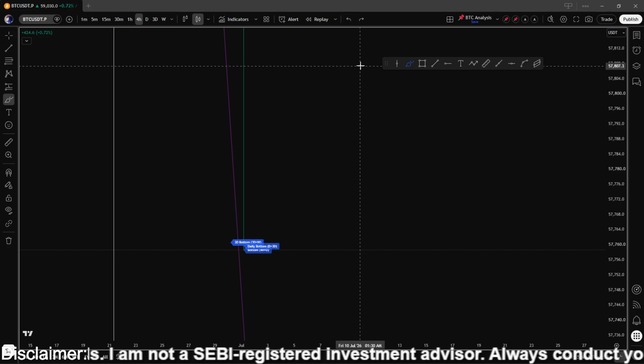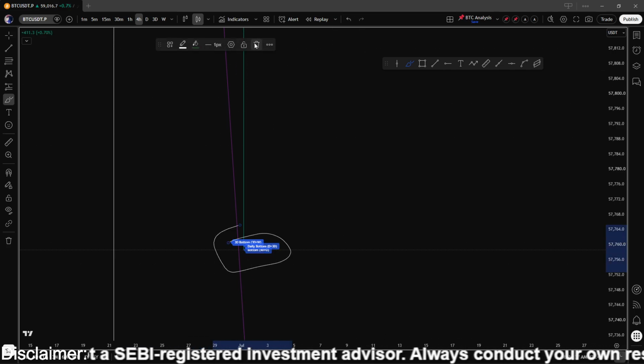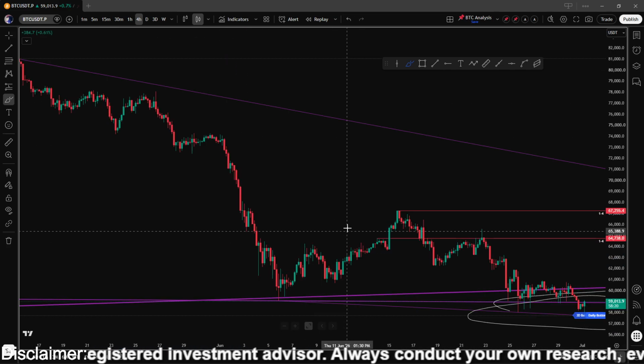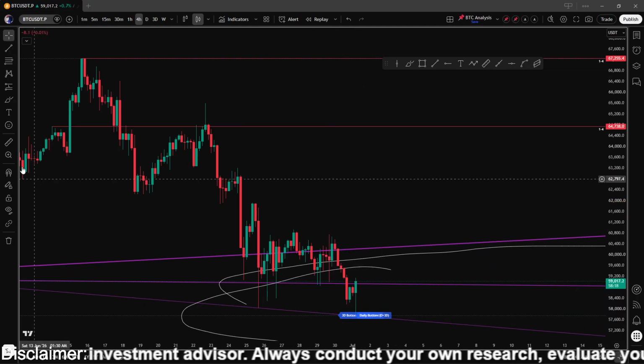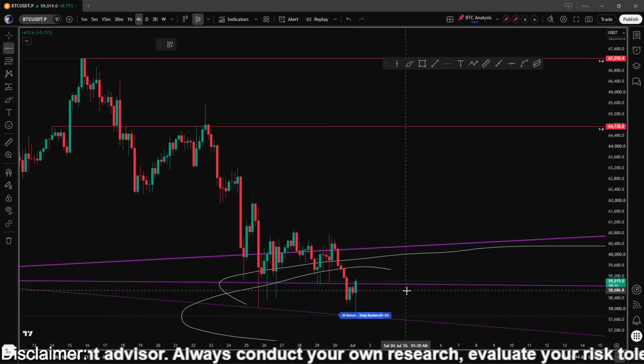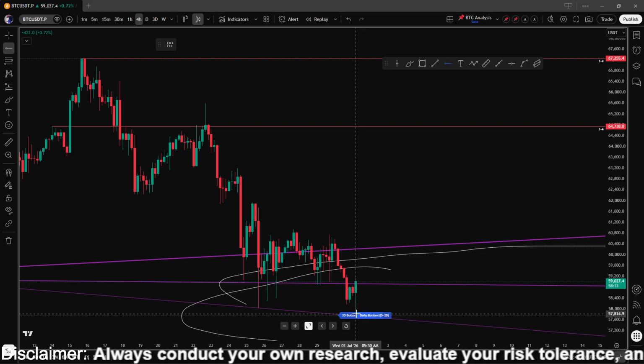So the current bottom we have is this one, which includes all those time frames up until the weekly time frame, and this is the price level. The specific price level is the low of this candle.